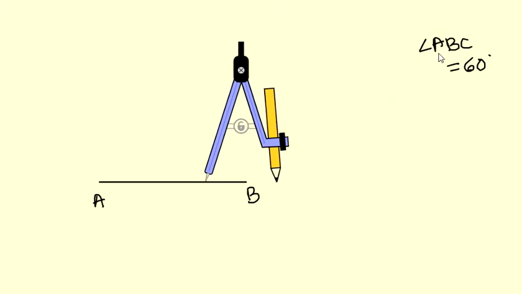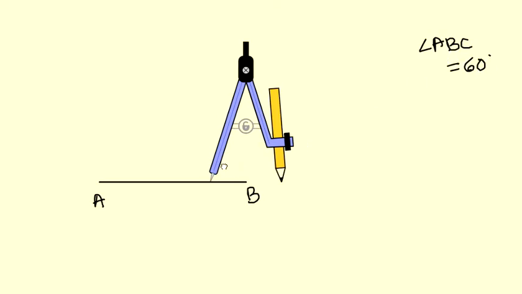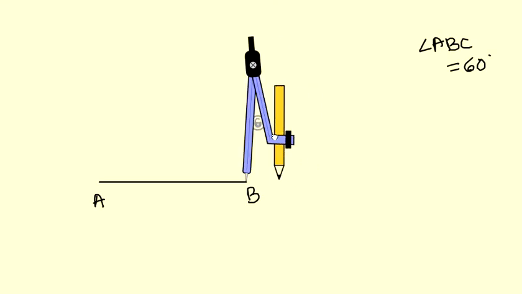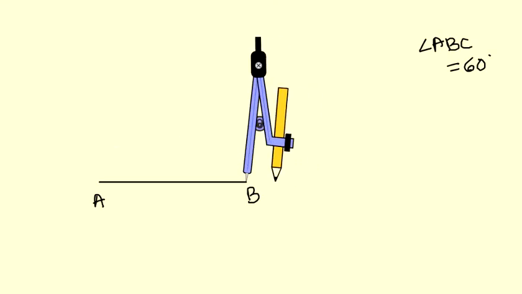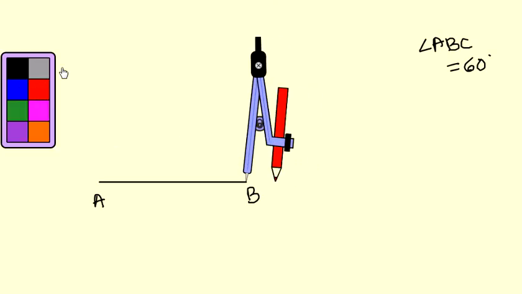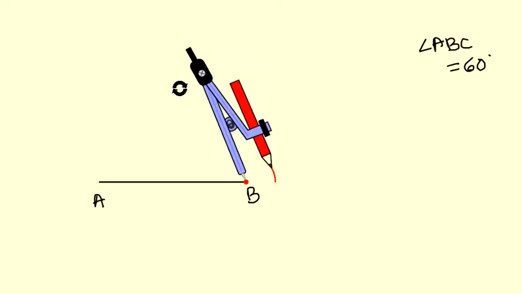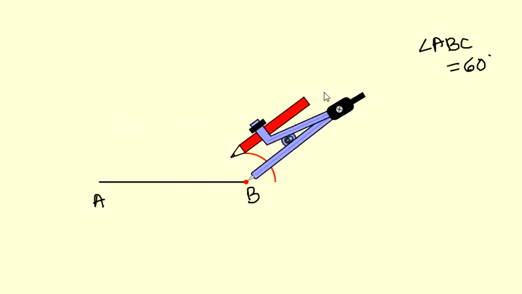As you know, in angle ABC, the middle letter B is the vertex on which we have the angle. So 60 degree we have to construct on B. Simply we will take center B with any radius. You can start. So I am taking this one as radius. With this radius, just draw a semicircle.